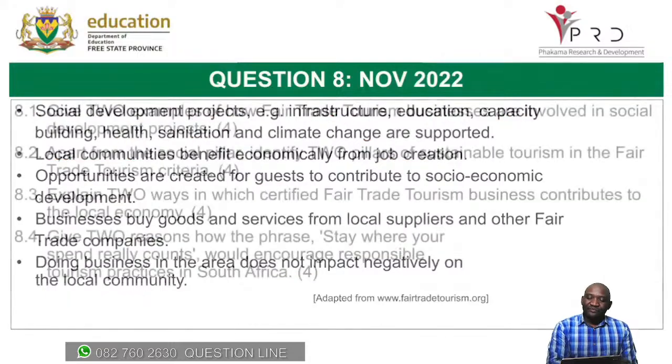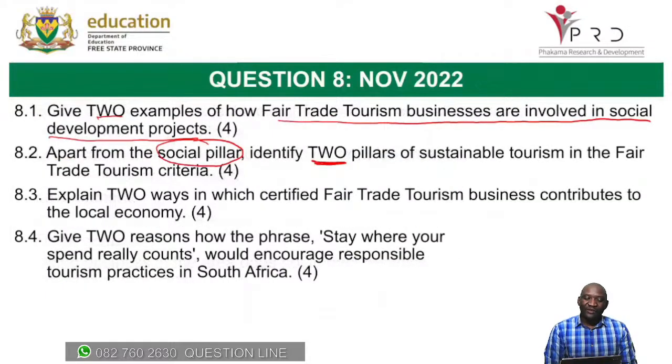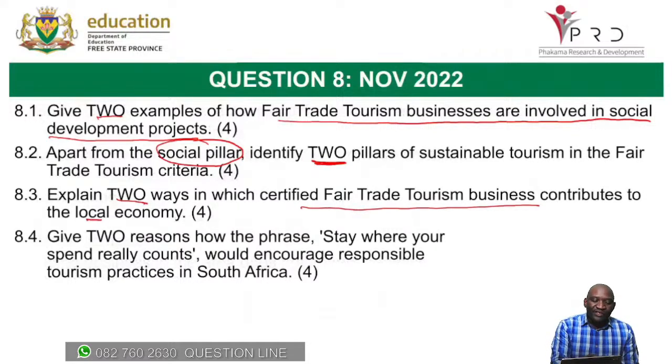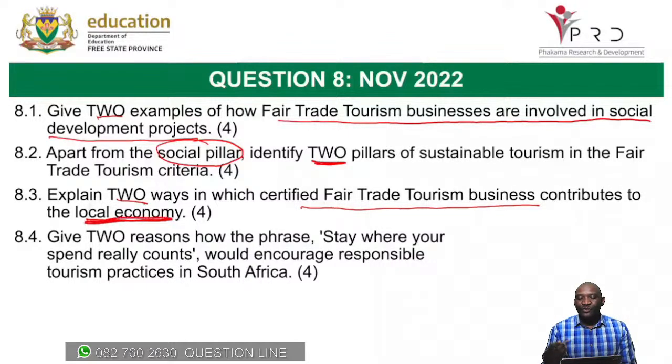Right? So we need 2 ways as well. Okay, this question needs you to focus, and it needs you to be able to follow what you are doing, and most importantly, to understand what the question is asking you to do. 2 ways in which the certified fair trade tourism businesses contribute to the local economy. So how do these businesses contribute to the local economy?